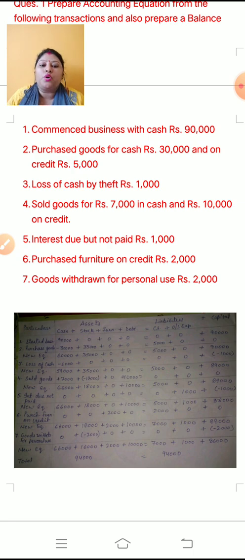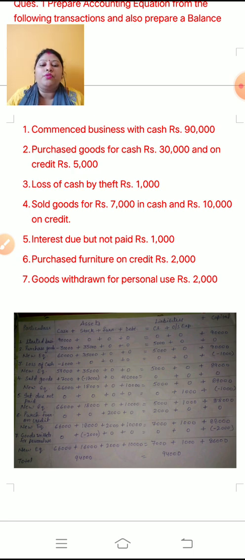Next is sold goods for rupees 7,000 in cash and 10,000 on credit. Interest due but not paid rupees 1,000. Next, purchase furniture on credit rupees 2,000. Seventh is goods withdrawn for personal use rupees 2,000. So these are the 7 transactions.